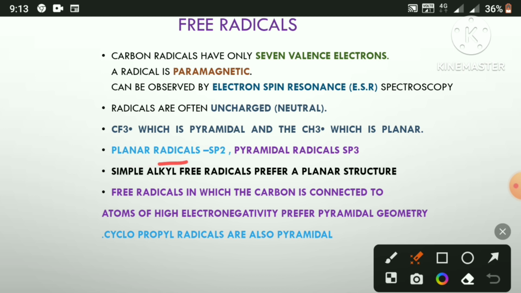The planar radicals are sp2 hybridized and the pyramidal radicals are sp3 hybridized. A simple alkyl radical has a planar structure, and a free radical in which the carbon is connected to highly electronegative atoms has pyramidal geometry. Cyclopropyl radical is also a pyramidal radical.